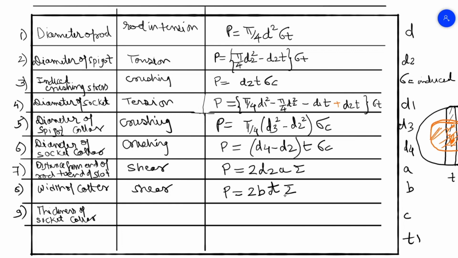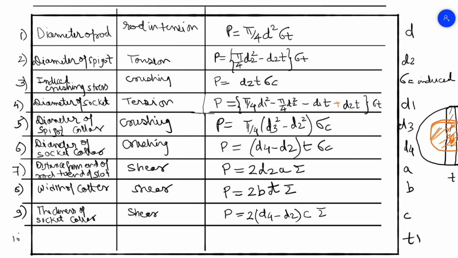And how do we obtain it? When we consider the shear failure of the socket collar, we get the thickness, and the area that fails in shear is D4 minus D2. It is double shear, so 2 into c into tau equal to P.